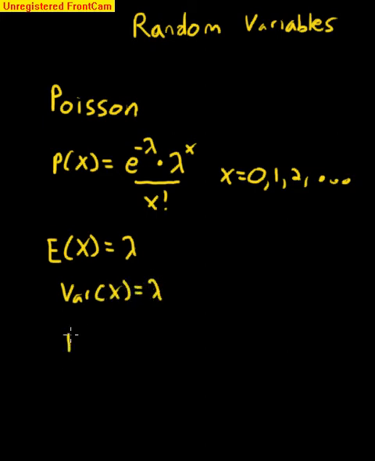If we were to derive our MGF, which we don't have time for right now, we would get e to the lambda times the quantity e to the t minus 1.